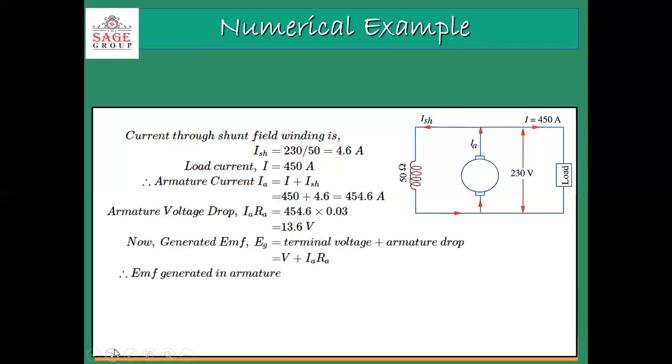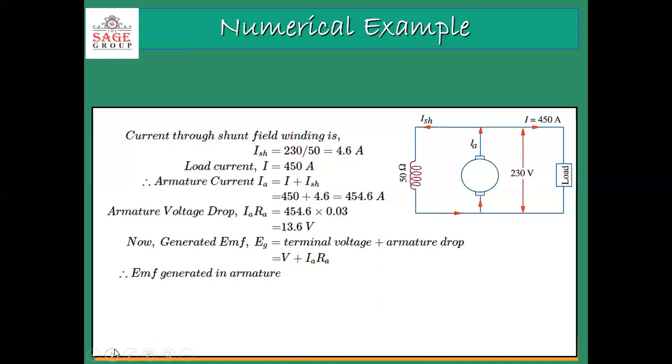Now, the generated EMF, represented by capital E subscript G, is equal to the terminal voltage plus the armature drop, V plus IA RA.